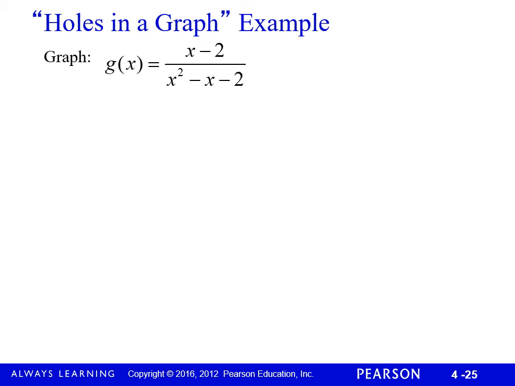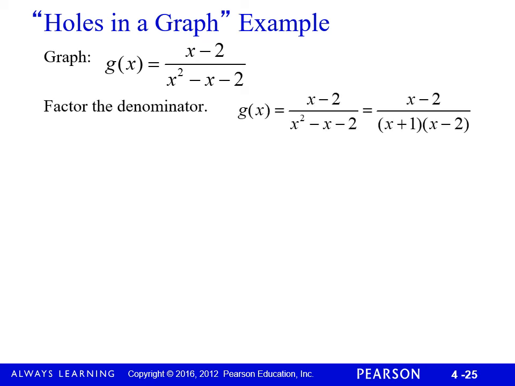So let's look at one final example where there's a hole in the graph. We have g of x equals x minus 2 over x squared minus x minus 2. If we factor the denominator, we get x plus 1 and x minus 2. And so immediately we can see that there's a common factor here.